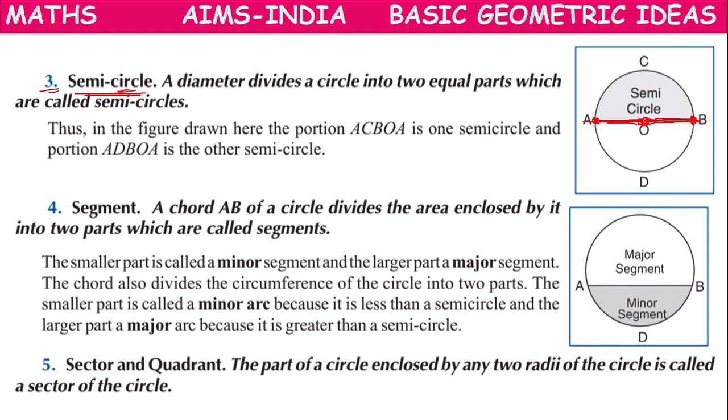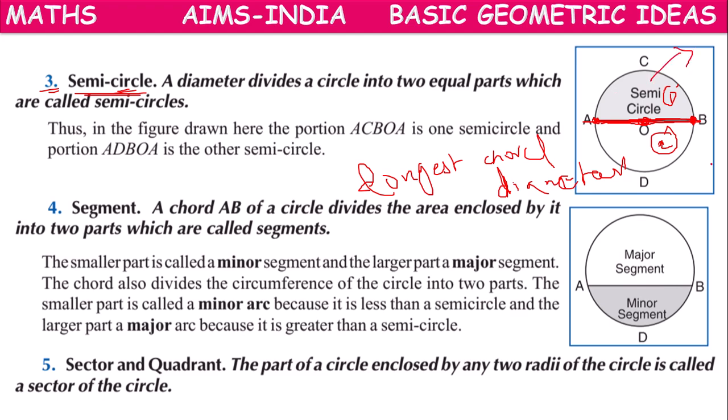So it is considered as the longest chord, or we can also call it a diameter. Diameter divides the circle into 2 parts. First part, upper half, second part, lower half. Each part will be considered as a semicircle.